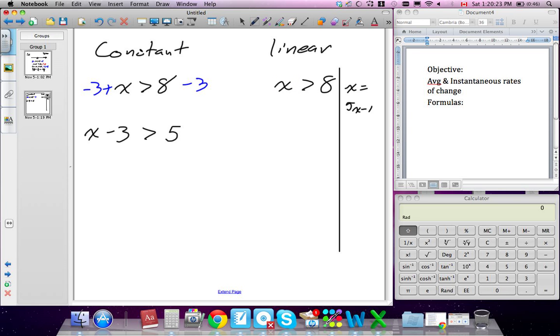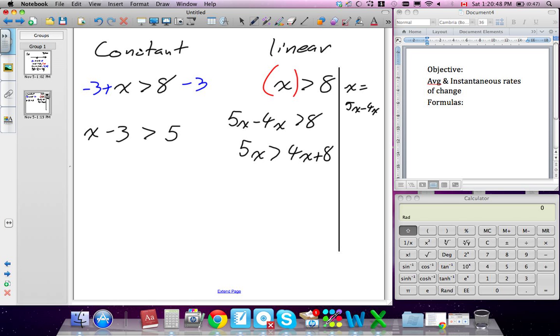So I can replace this x with those two terms. So I now have 5x minus 4x, which is the exact same thing, is greater than 8. And maybe they've decided they want x to be linear on both sides. I move the 4x to the other side, so I'm left with 5x is greater than 4x plus 8. So now I have two linear type expressions on both sides.